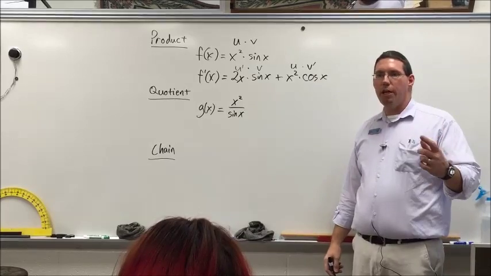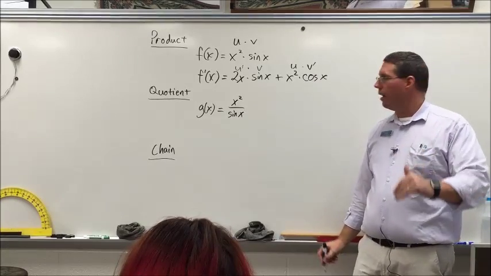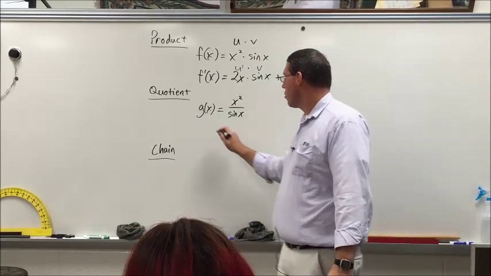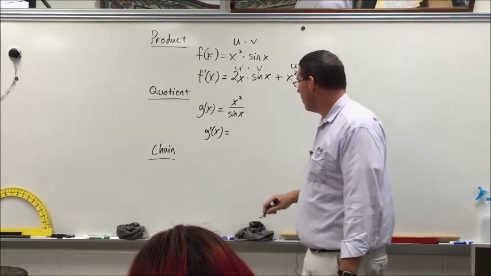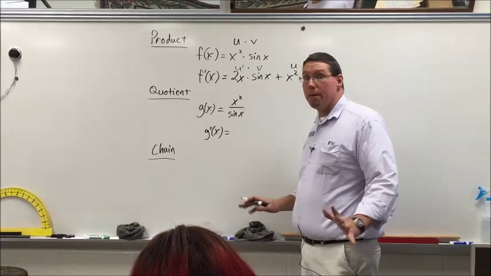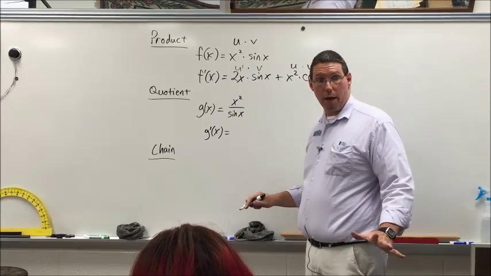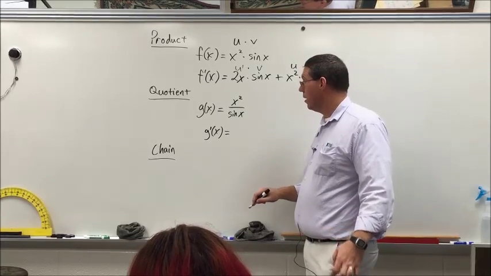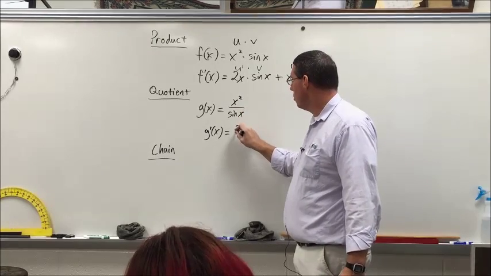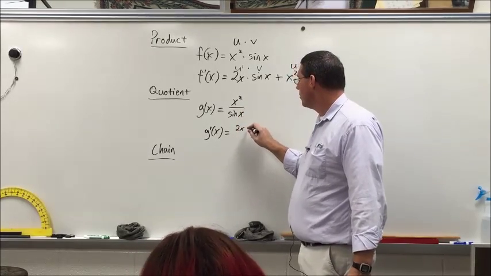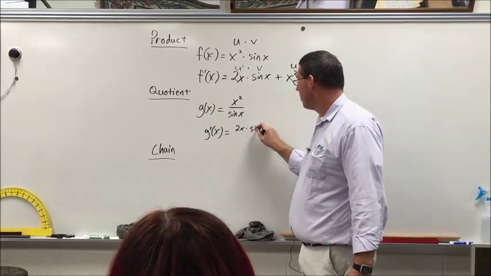So we have a function divided by another function. And so the derivative, g prime, here's how it goes. It's going to be a fraction, okay? Kind of a big fraction. It's going to be the derivative of the top, which is 2x, times the bottom.